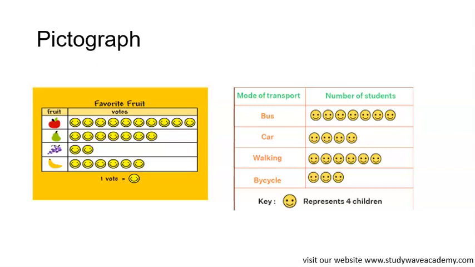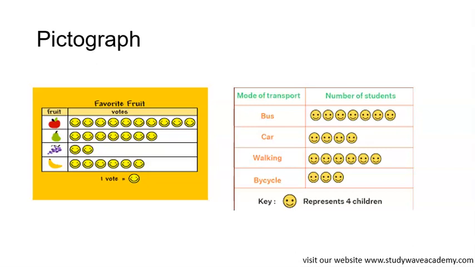It must not necessarily be a smiley face. It must not necessarily be that you are collecting data for transport or fruit. No, you can collect data for anything of your choice. Okay, do you understand? You can collect data of people's favorite pets or different types of pets. Do you understand?